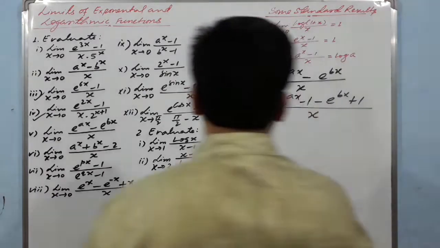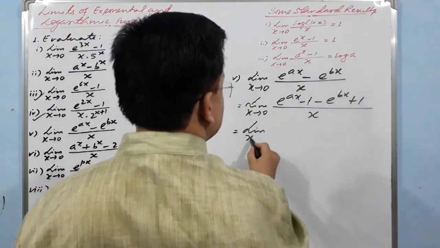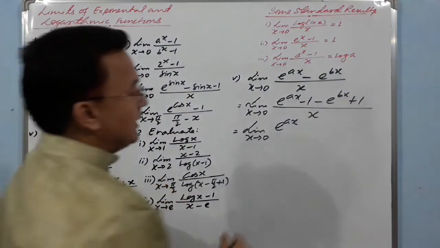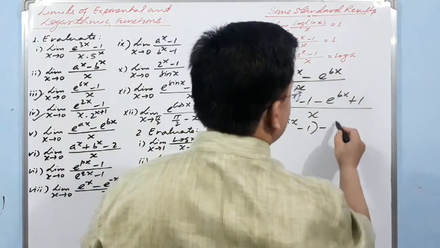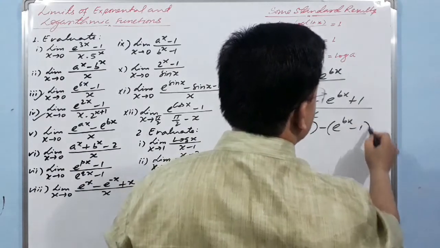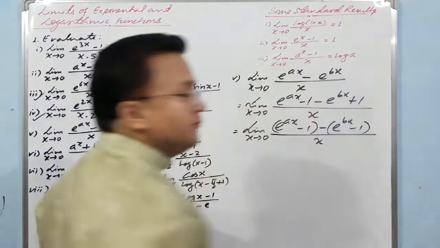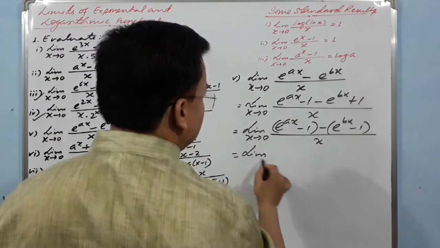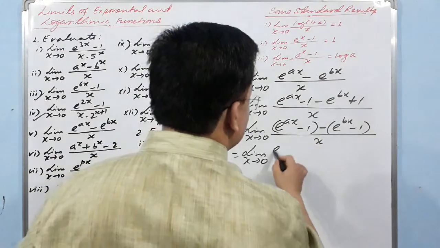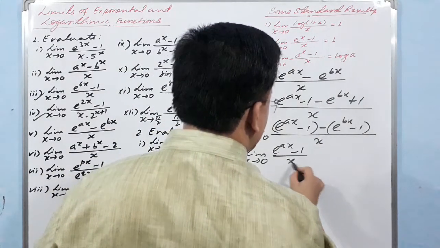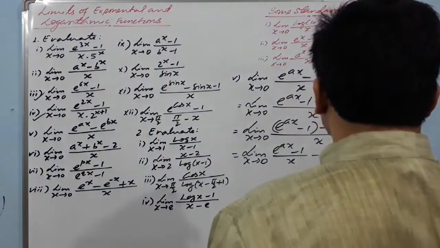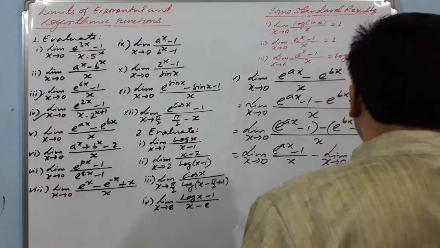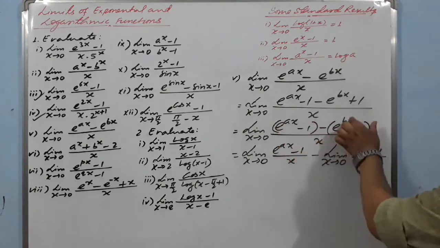So it is the limit as x tends to 0 of e raised to power ax minus 1, minus e raised to power bx minus 1, whole upon x. Now we'll write separately: limit x tends to 0 of e raised to power ax minus 1 over x, minus limit as x tends to 0 of e raised to power bx minus 1 over x.